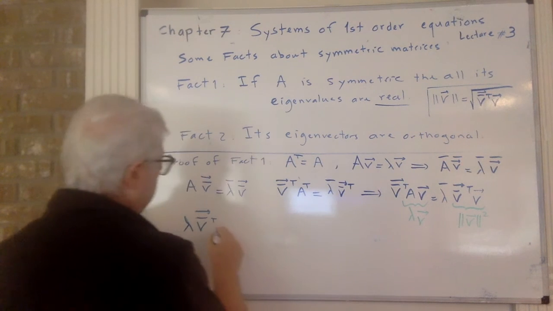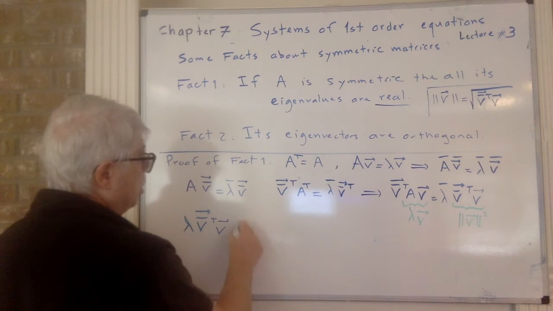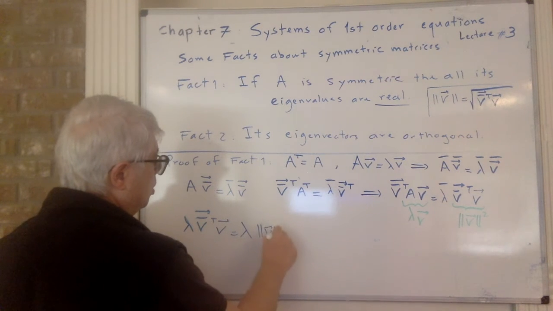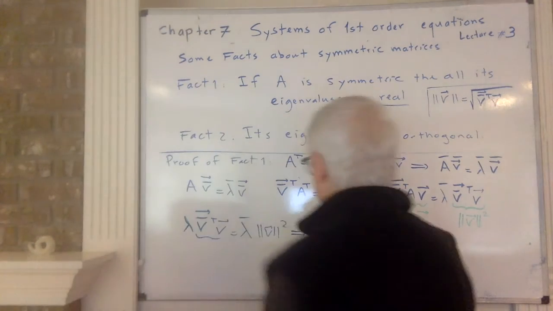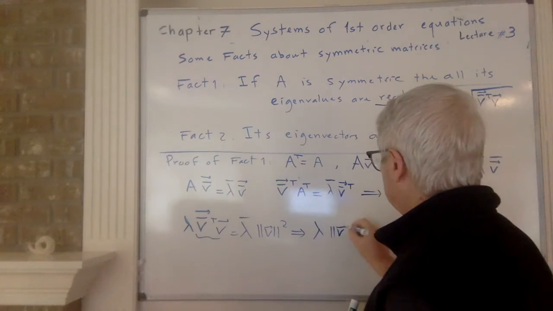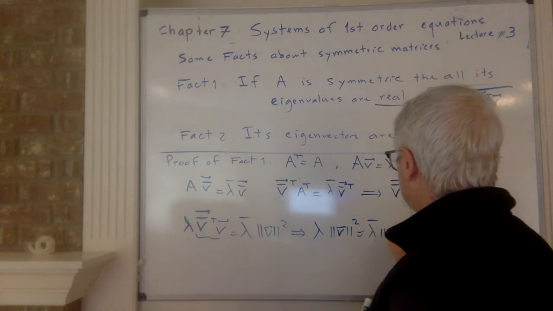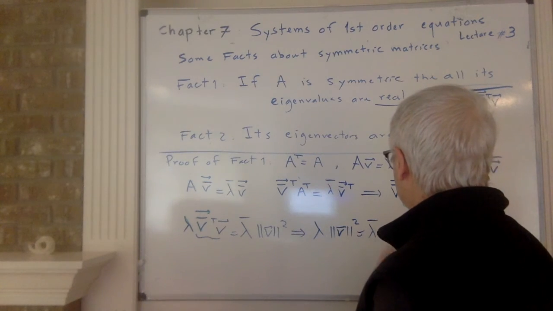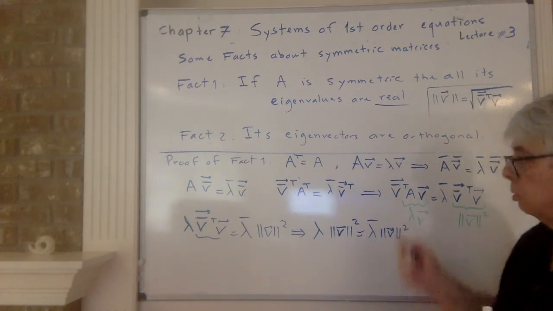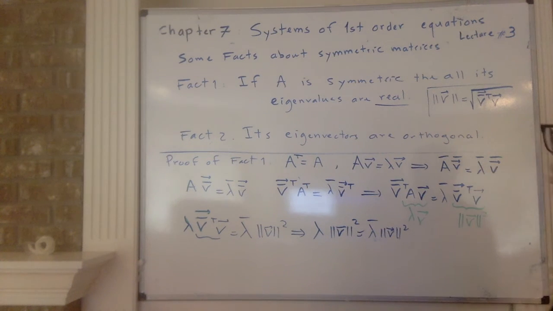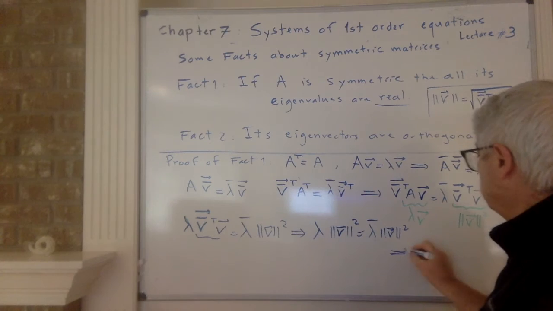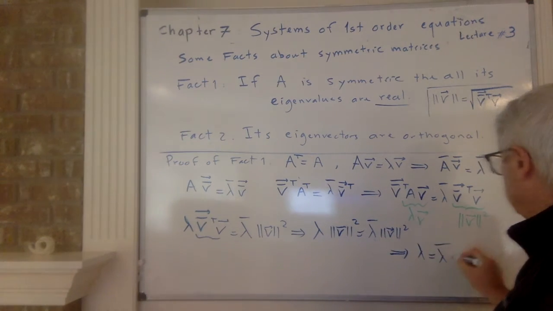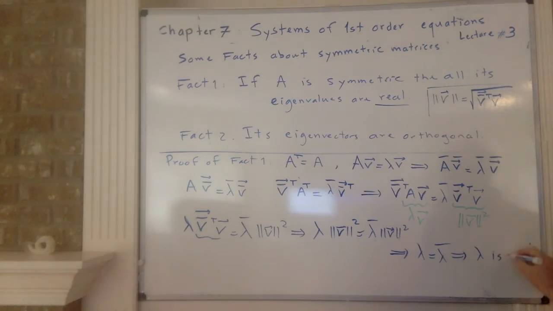Transpose this V. On the other side, I have lambda times magnitude V squared. This is also magnitude V squared, times lambda bar. So that is lambda magnitude V squared equals lambda bar magnitude V squared. V is not zero because V is an eigenvector, and we said we don't want the zero eigenvector. So the magnitudes cancel out, and I will get lambda equals lambda bar, which tells me that lambda is real.